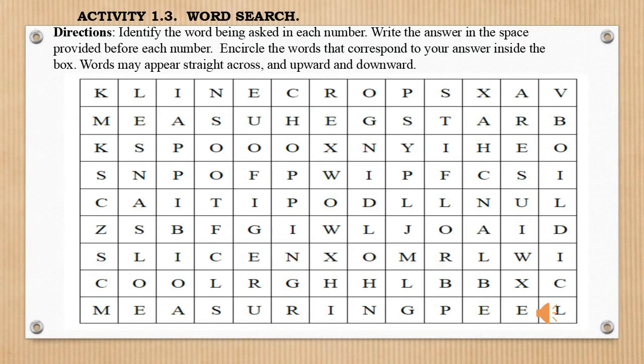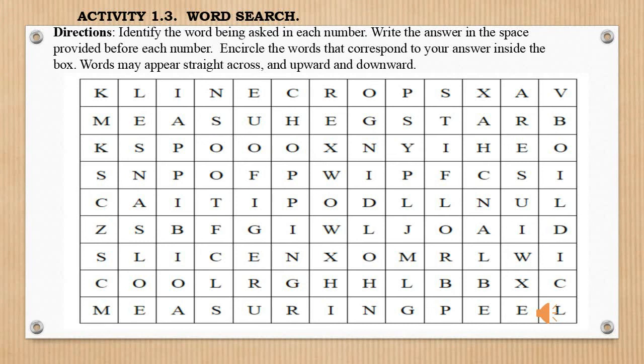Okay, let's proceed to our next activity. 1.3 Word search. Identify the word being asked in each number. So this is 1 to 10. You have to identify the word being asked in each number. Then you have to write the answer in the space provided before each number.